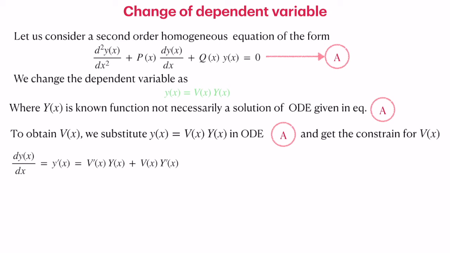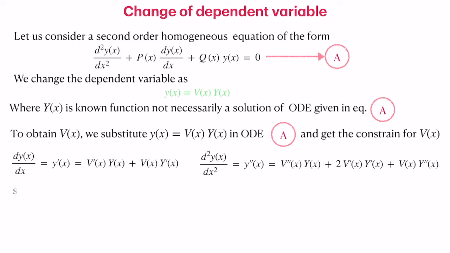dy by dx, that is y prime, is equal to v prime into capital Y plus v into capital Y prime. Now the differential equation is second order, so we need to take a second derivative of the variable y. So we get v double prime into capital Y plus 2 into v prime into capital Y prime plus v of x into capital Y double prime.